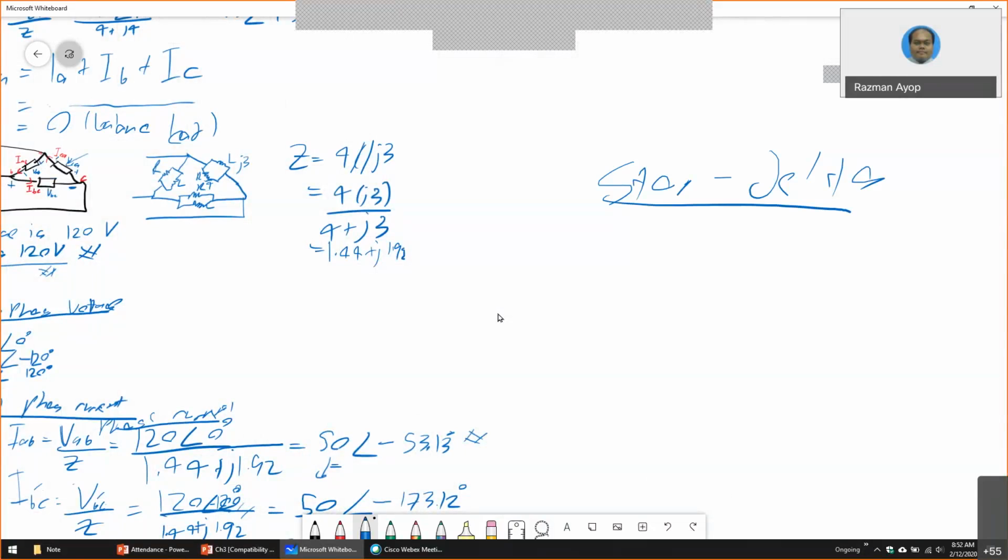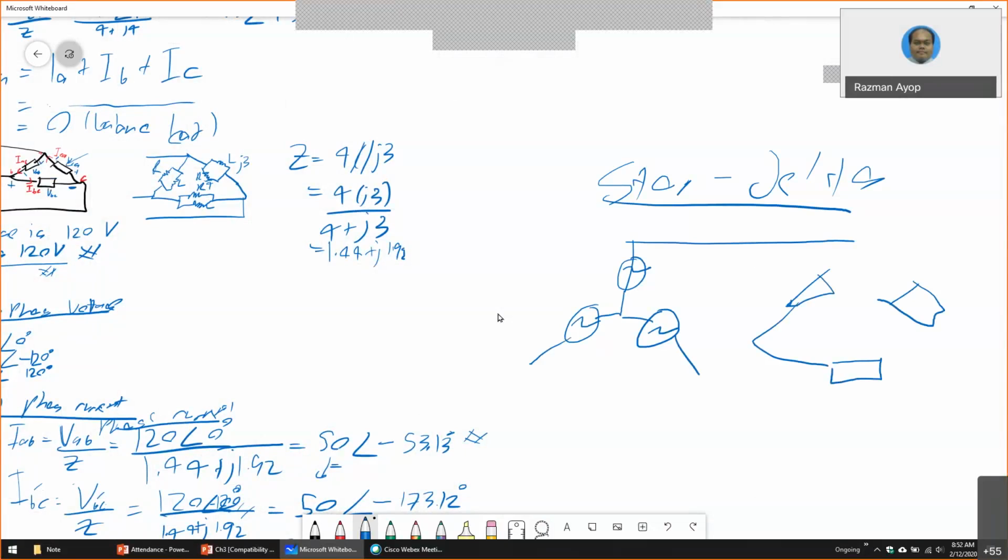For star delta, you have star as the generator and delta as the load. There is also delta star.